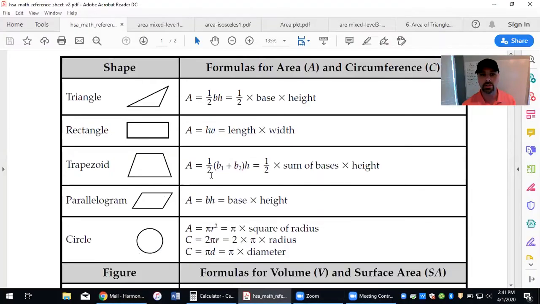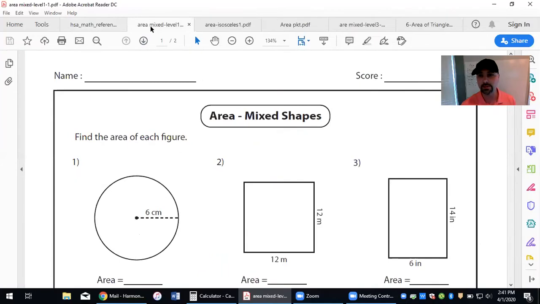Okay, here's the formula sheet. So there's the 5 shapes we're talking about today: triangle, rectangle, trapezoid, parallelogram, and a circle, as well as the formulas. Okay, so you're only worried about the top of this sheet right now. So have that handy or write them down somewhere. And let's work on some problems.